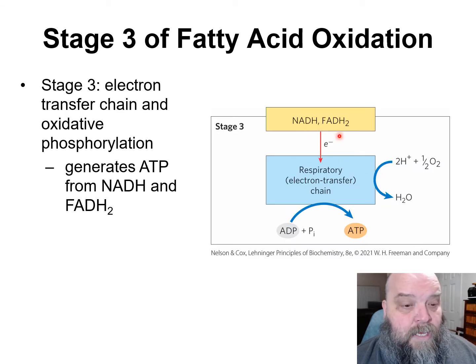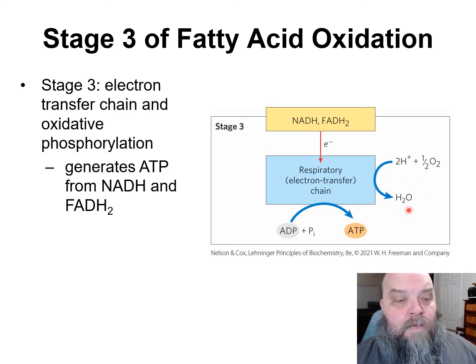The NADH, FADH2s are going to go to the electron transport chain of the respiratory cycle of oxidative phosphorylation. Energy is going to be bled off, final electron acceptor oxygen, giving you water, and then a lot of ATPs.